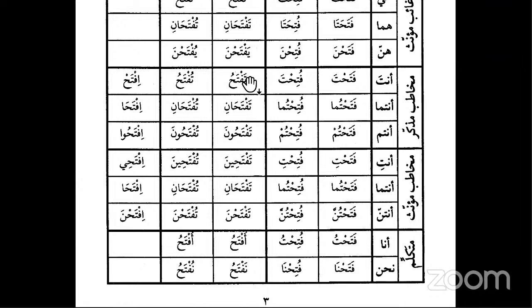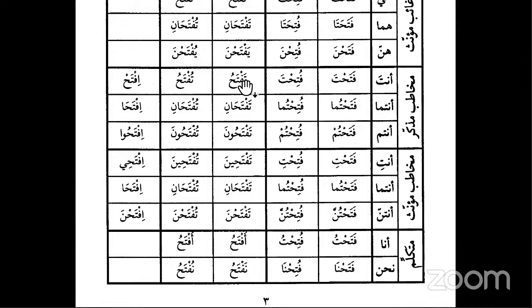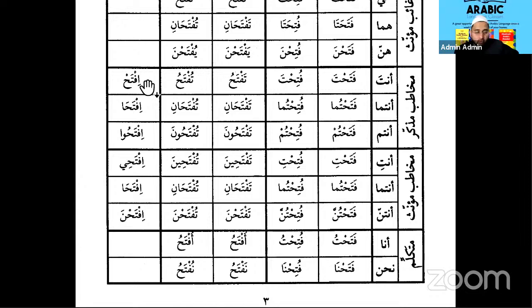Step 2: because the fa is silent, and a silent letter can't really be pronounced, you need to put the Hamzatul Wasl. And step 3 is that you look at the letter after the sukun, which is the middle letter, the ta.